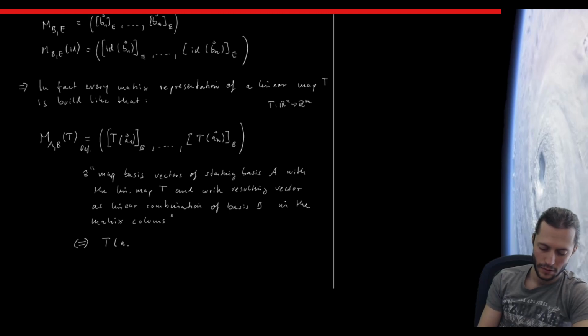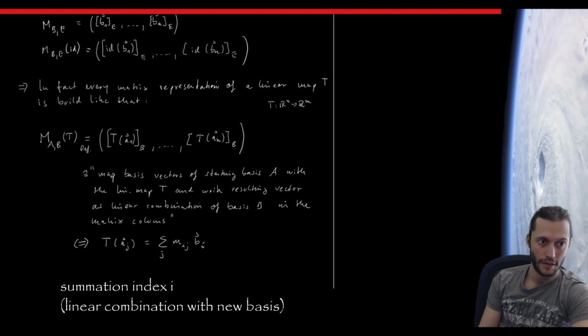Map your j-th basis vector with your linear map T and express it as a linear combination of the new basis B. So this sum, the scalars in the B, that's the linear combination. And these scalars are actually the elements of the matrix M. This is M_AB of T.